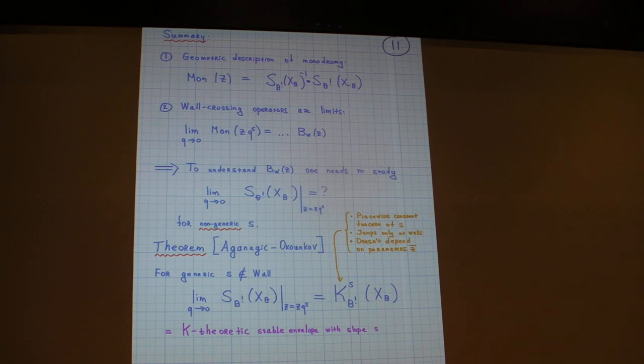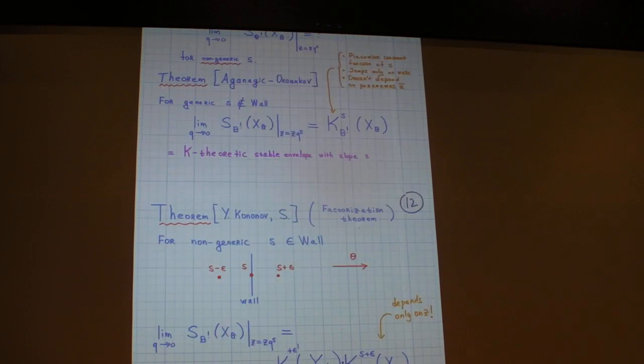No dependence on equivariant parameters Z, and so on. But we've seen that story at the beginning of my talk, right? So if you're not hitting the wall, you get only something which depends on equivariant parameters. If you hit the wall, you can get something depending on Z.